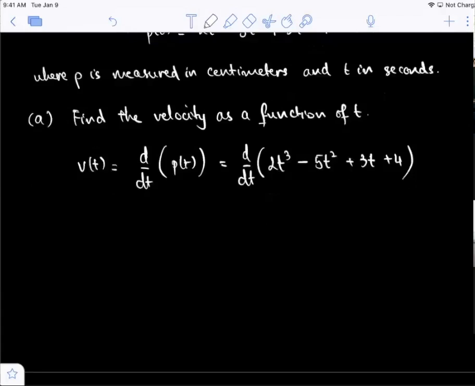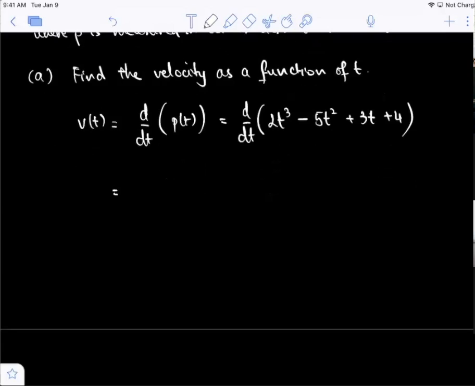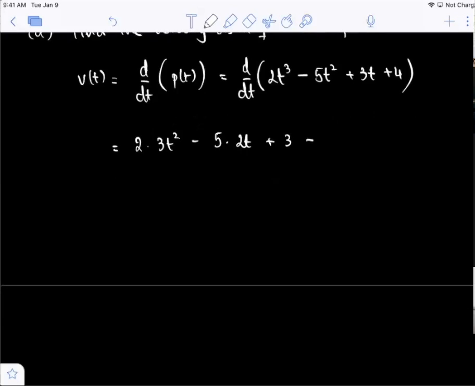So you do 2 times 3t squared minus 5 times 2t plus 3. You simplify this and you should get 6t squared minus 10t plus 3.